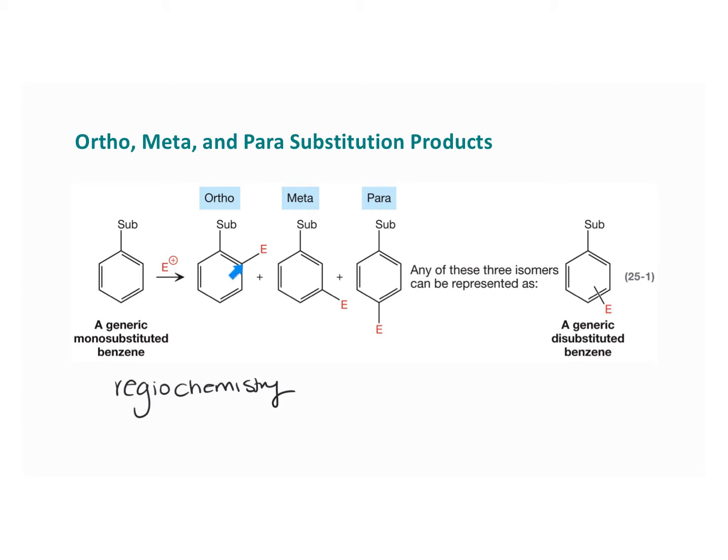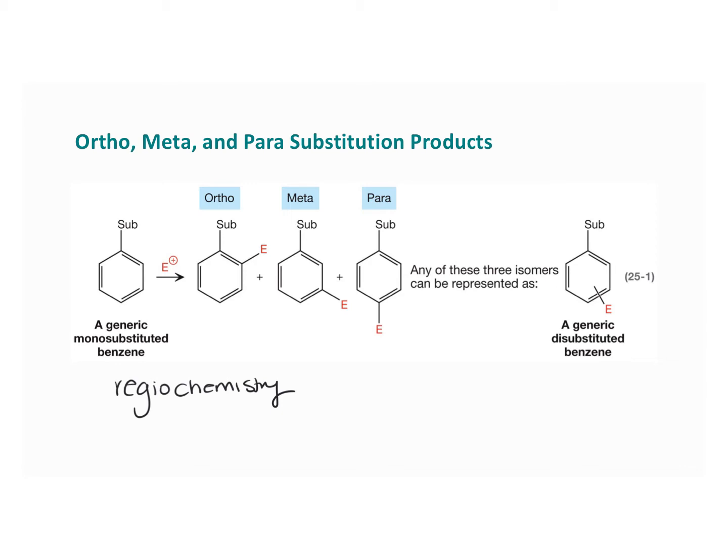You've got the ortho, which is the one right next to the substituent. You've got the meta, which is here. And then you have the para, which is here, which you can remember from when we learned how to name these. It's really helpful. I use OMP, O-M-P, to remember the order that these go in.